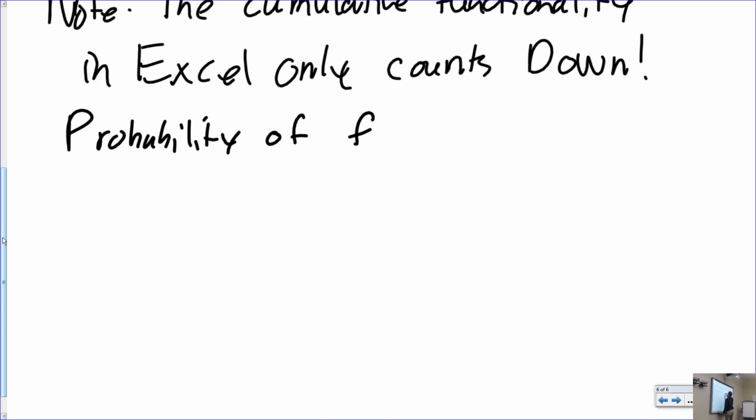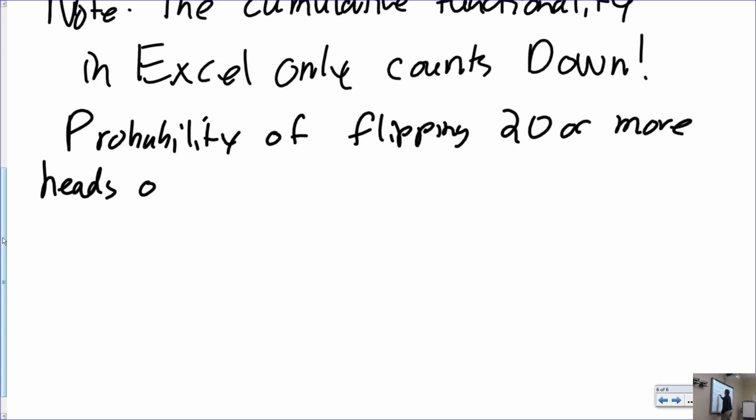Probability of flipping 20 or more heads on 25 flips.